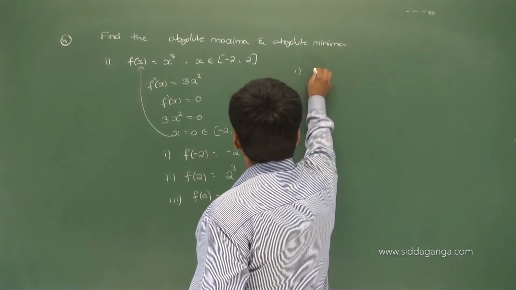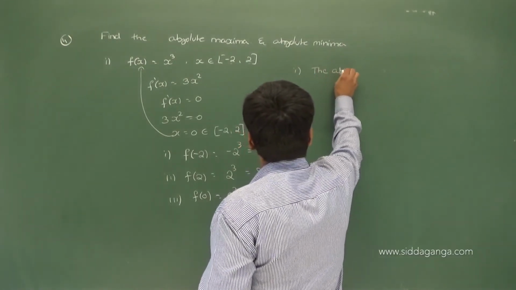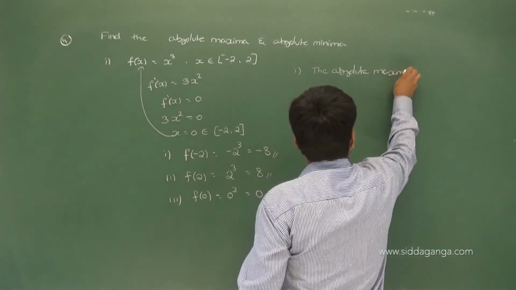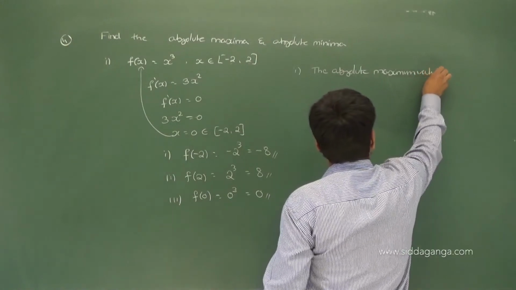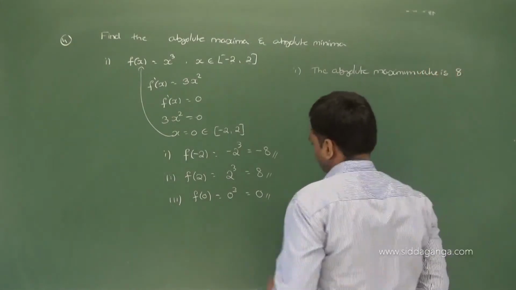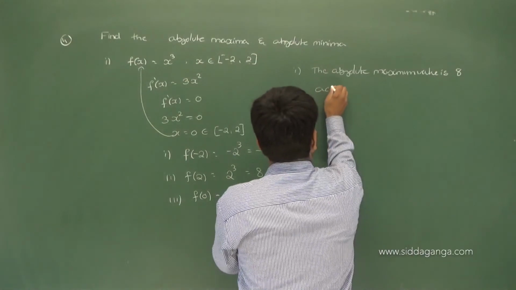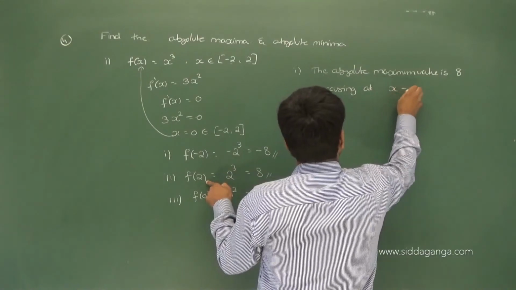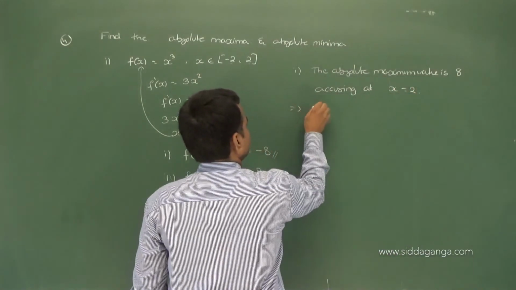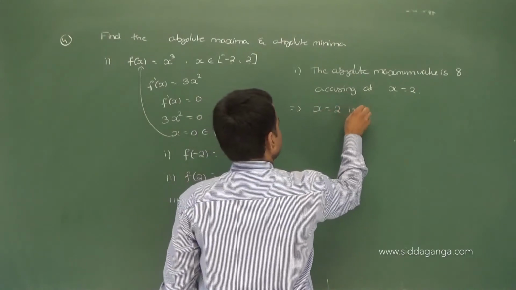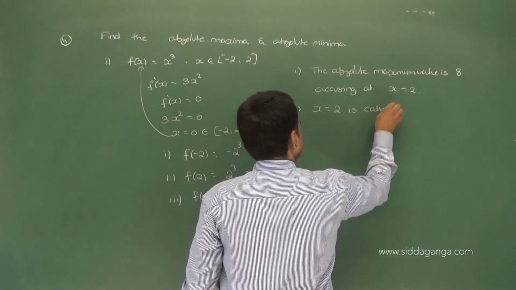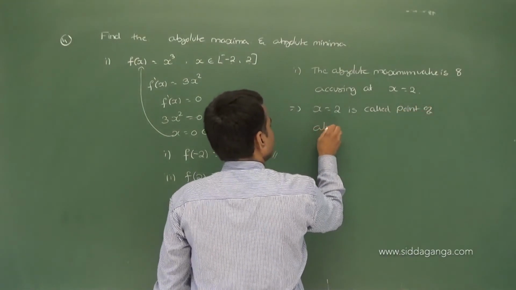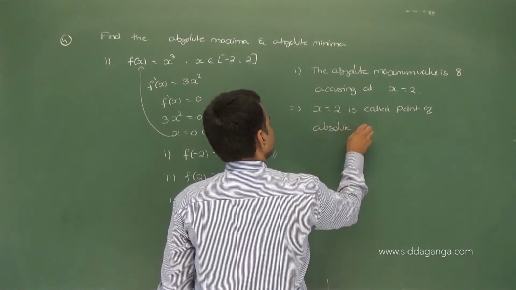So the absolute maximum value is 8 occurring at x is equal to 2. That implies x is equal to 2 is called the point of absolute maxima.